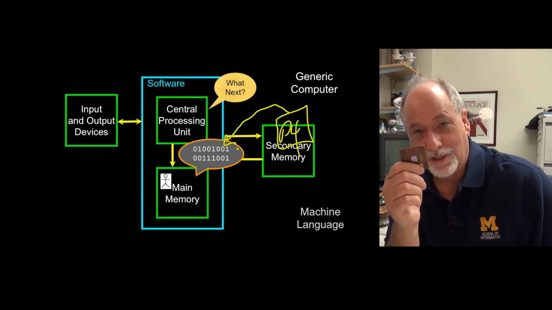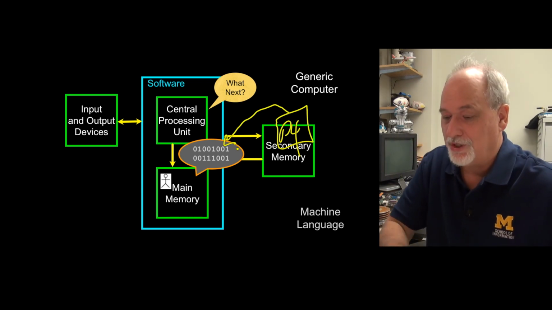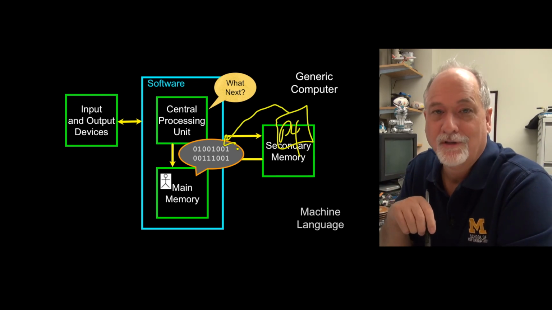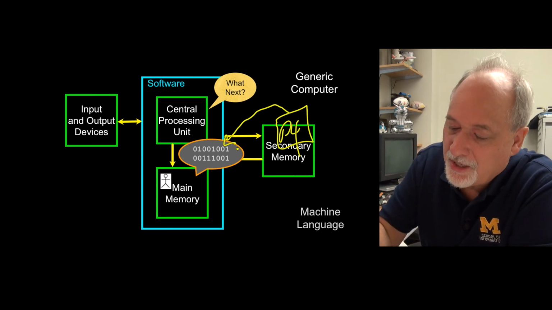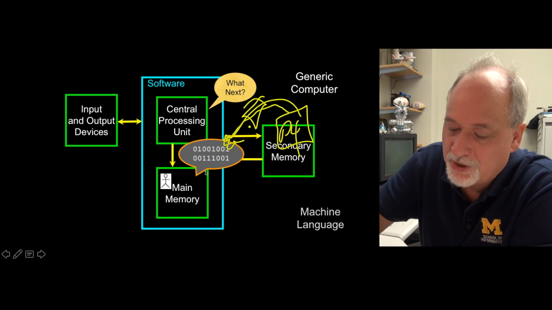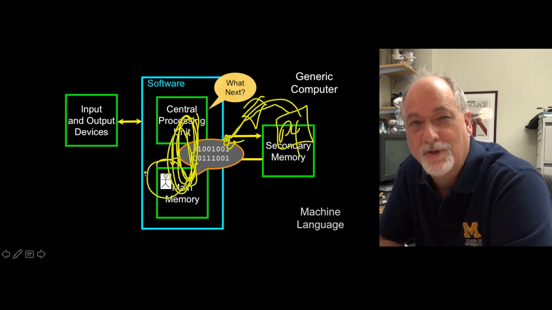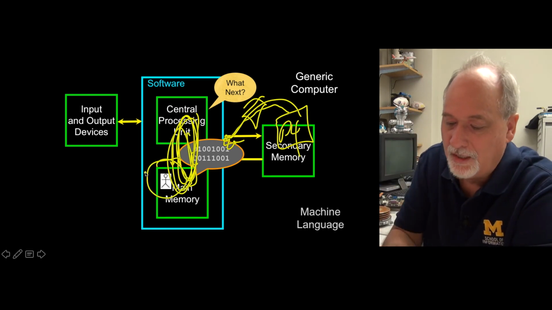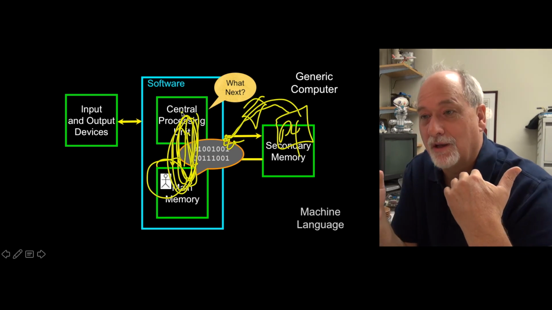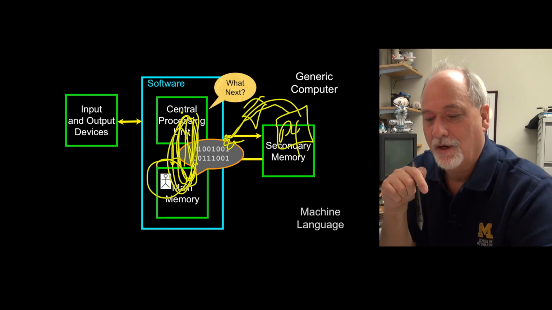We don't have to talk machine language, but you could, if you really wanted to, learn to write machine language. But I assure you, Python is far easier to learn than machine language. So Python acts as a translator, translates what you're doing into machine language, and then the machine language is what's sent back and forth. But still, even though it's translated to machine language, it's you. It is you answering those questions, and that's what a program is: you pre-storing your response to the what next question over and over again.